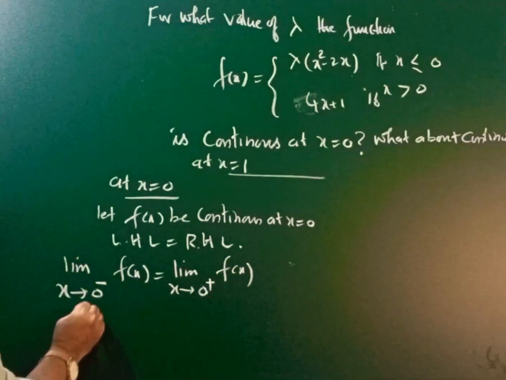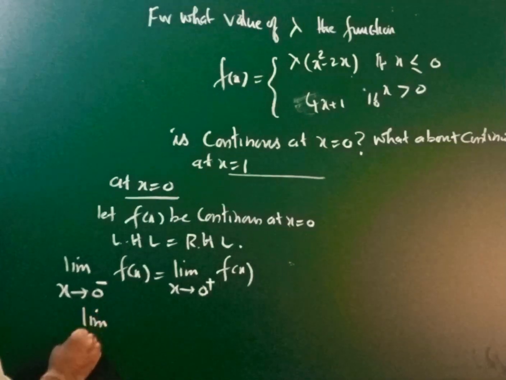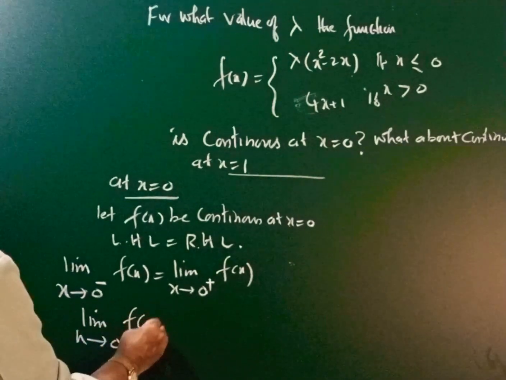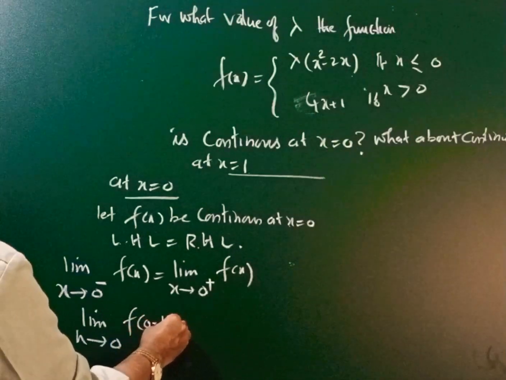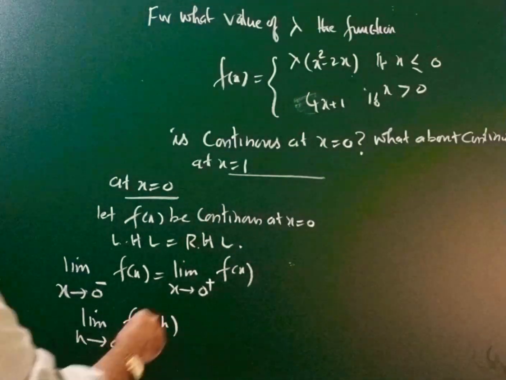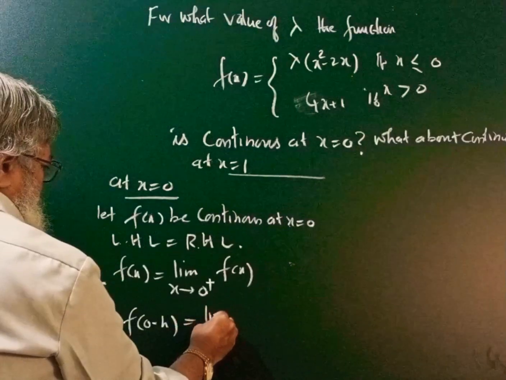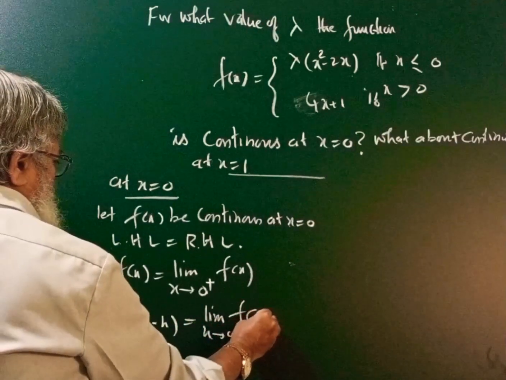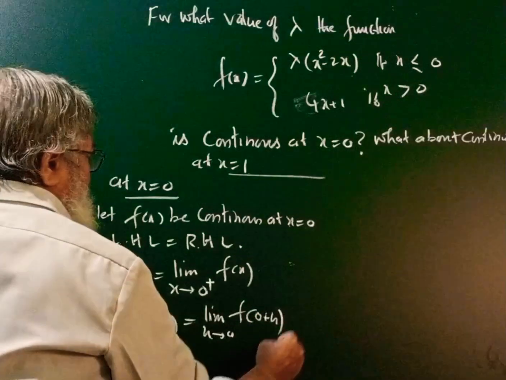Or we can write this as limit h tends to 0 of f(0 minus h), because it is from the negative side, and limit h tends to 0 of f(0 plus h).